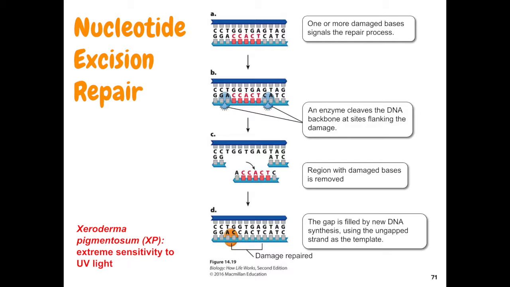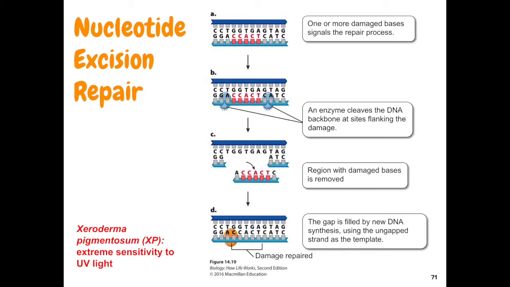One example of a disease that occurs because of dysfunctional nucleotide excision repair enzymes is called xeroderma pigmentosum, sometimes abbreviated just to XP. If we break up that word, xeroderma, xero means dry, derma skin, pigmentosa coloration or pigment.